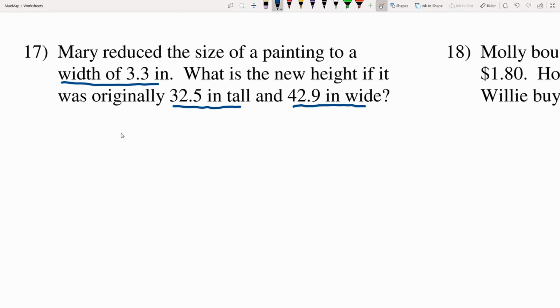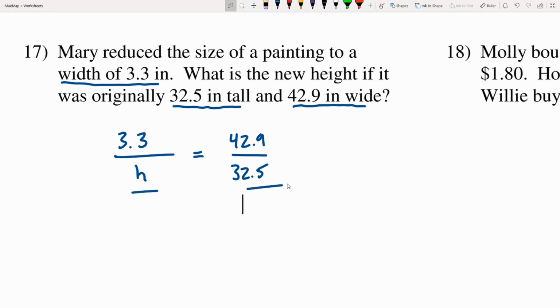So if we have a new width of 3.3 inches, we want to figure out the new height. So I'm going to write H for height. Because I have my width in my numerator, I've got to make sure I'm writing it in my numerator for the original painting as well. So that's going to be 42.9 inches for the width over a height of 32.5 inches. So you can see both my heights are in my denominator.